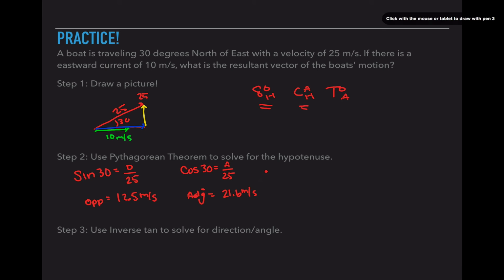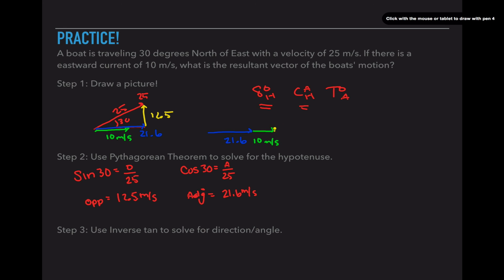So now I'm going to go up here and I'm going to add that to the diagram. 21.6 and 12.5. And I'm going to redraw the diagram. So we have a blue arrow going to the right. That's 21.6. We have a green arrow that is going to the right. That is 10 meters per second.